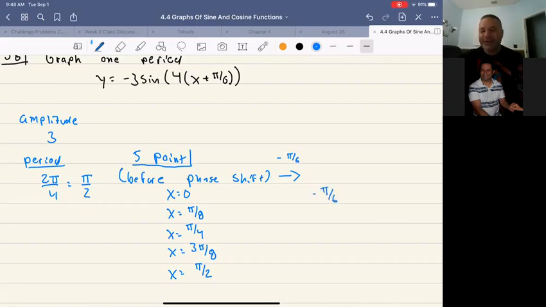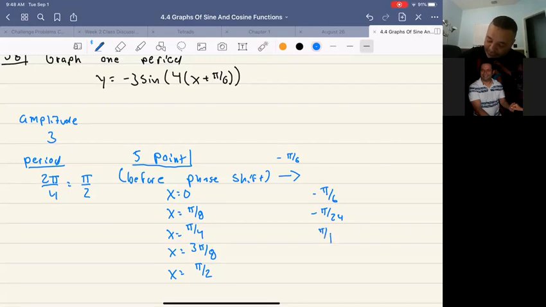Okay, negative pi over 6. The 0 becomes negative pi over 6. Pi over 8 minus pi over 6 is negative pi over 24. Pi over 4, I'm just doing these in the calculator, is pi over 12.